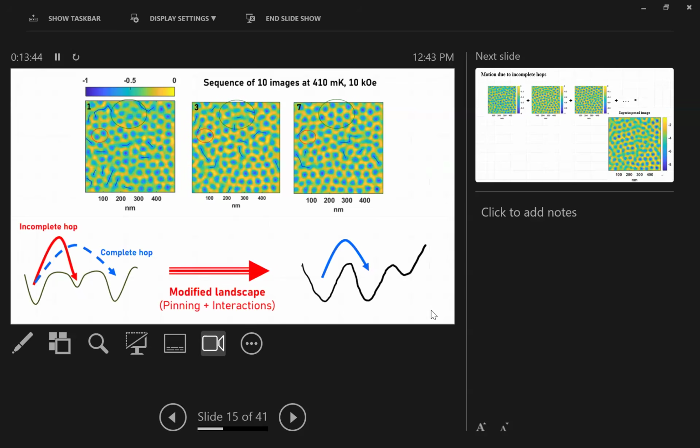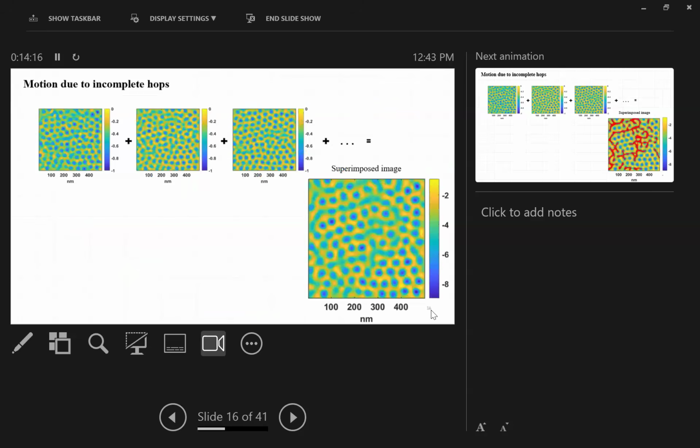A vortex jumps from one deep minimum to another deep minimum. But every once in a while, there is a possibility that during this jump, I have an incomplete hop and the vortex is trapped in an intermediate local pinning potential. And then, because you have vortex interaction, this would change the landscape. So in the next image, this will become the dominant pinning minimum, whereas here, this will become the subdominant one. Now, this is what we call incomplete hop.